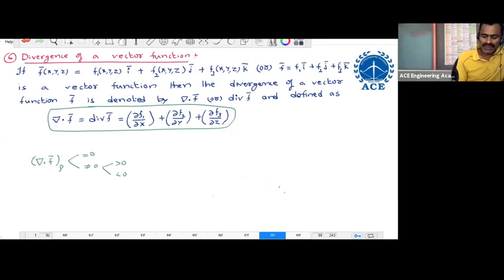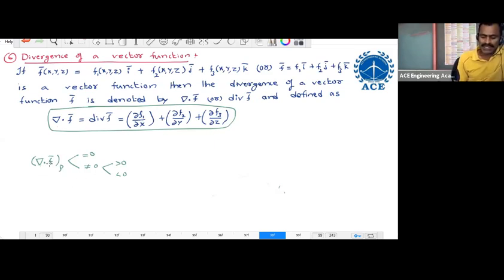This flow of quantity may be electric flow, magnetic flow, fluid flow, or air flow. There are different types of flows. Initially, this vector calculus was applied to the study of the nature of fluid flows only. Later on, it was applied to electric flow, magnetic flow, and air flows.